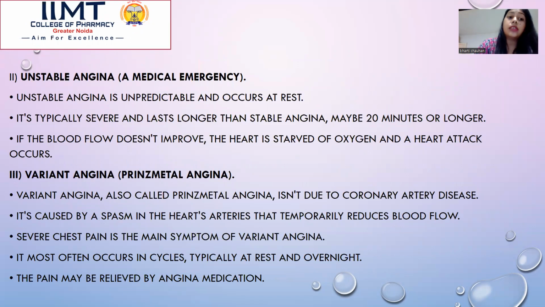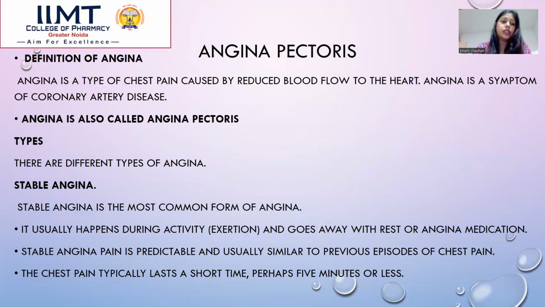So, next is unstable angina, a medical emergency. Unstable angina is unpredictable and occurs at rest. What we have discussed, stable angina is due to exertion, and if you are doing any physical activities or you are riding uphill or doing trekking, this will occur.